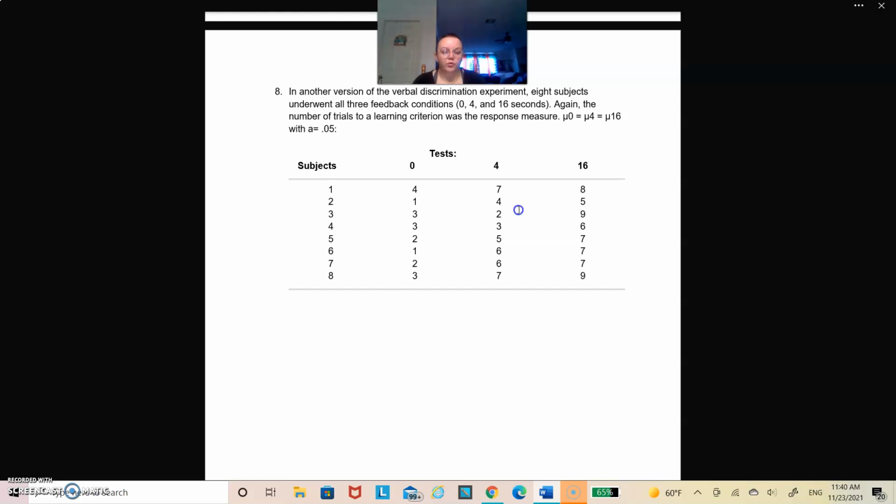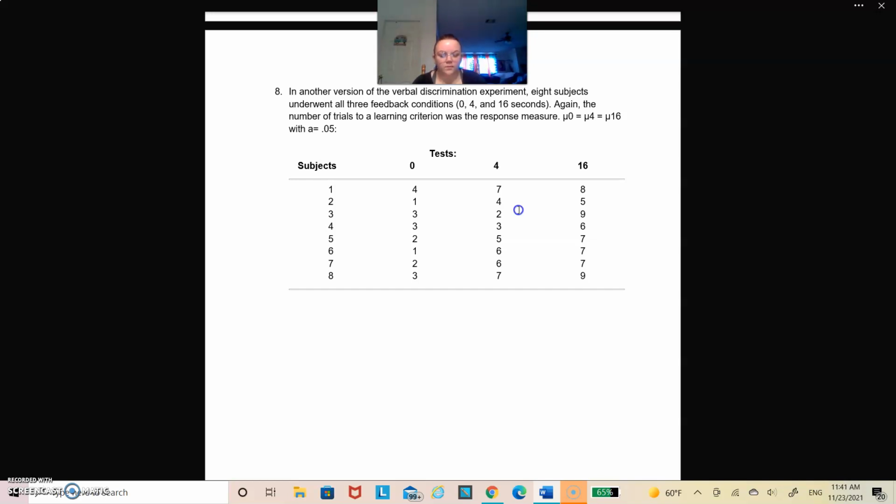We have an alpha of 0.05, and we found our F calculated value to be 29.31 when degrees of freedom are 2 and 14. And our F critical value is very small in comparison at 3.74. So the very obvious decision is to reject H0 and accept H1.